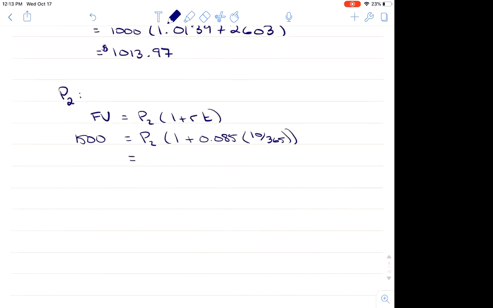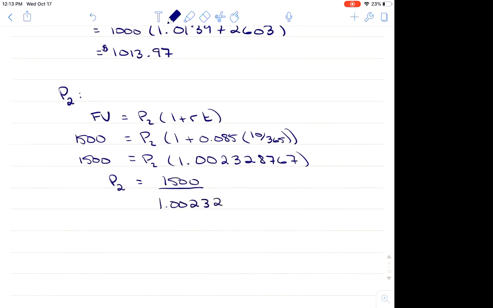Ten divided by 365 times 0.085 plus 1 is 1.002328767. So P2 must be 1,500 divided by 1.002328767. Doesn't matter how you solve for this, we should all get the same answer.